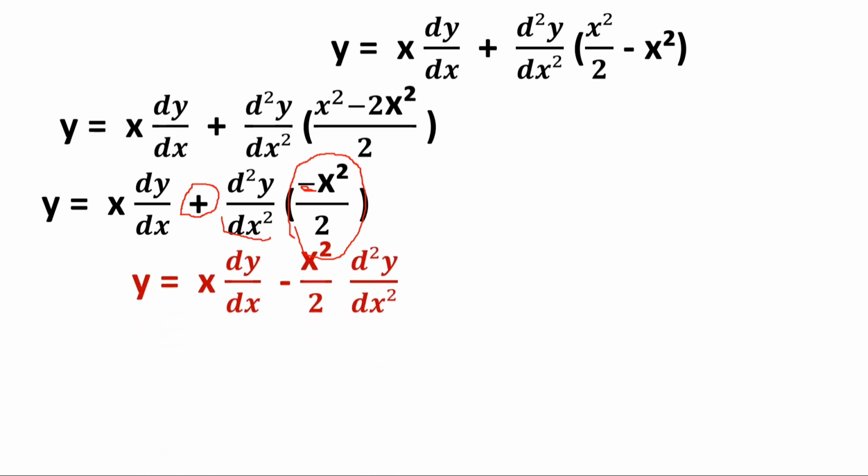So this is what we arrive at as our final answer. If this minus multiplies this plus, it will change to minus. And the x square over 2 will remain the same here, and d square y over dx square remains the same.